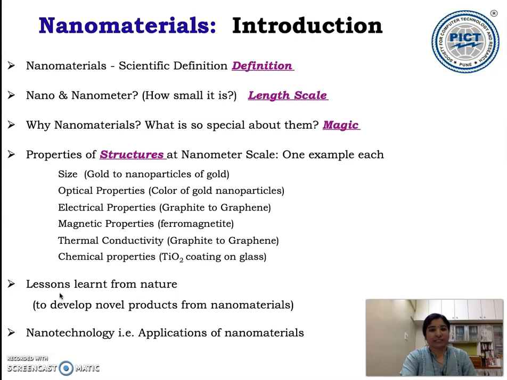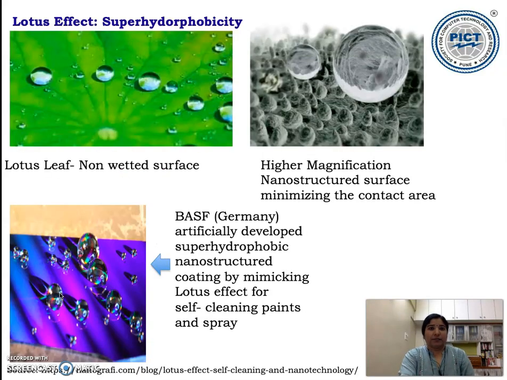Let's see that now. The very first example that we'll take is the Lotus effect. It's a super hydrophobic surface, as all of us know. This is a lotus leaf having some droplets of water on it. The contact area between the water droplets and the leaf is very small.